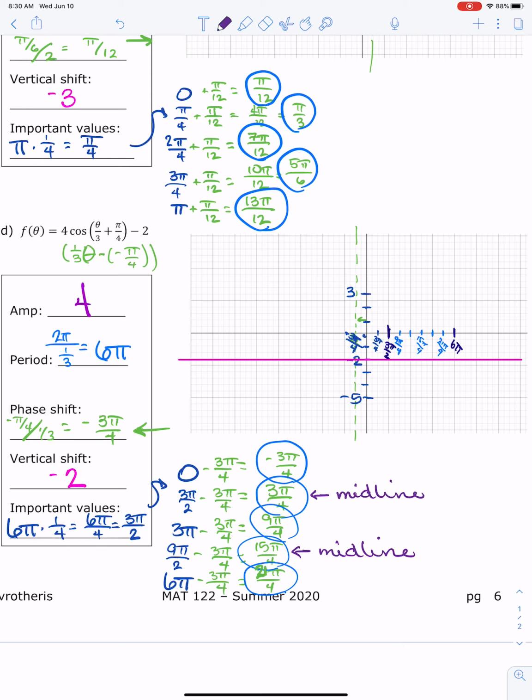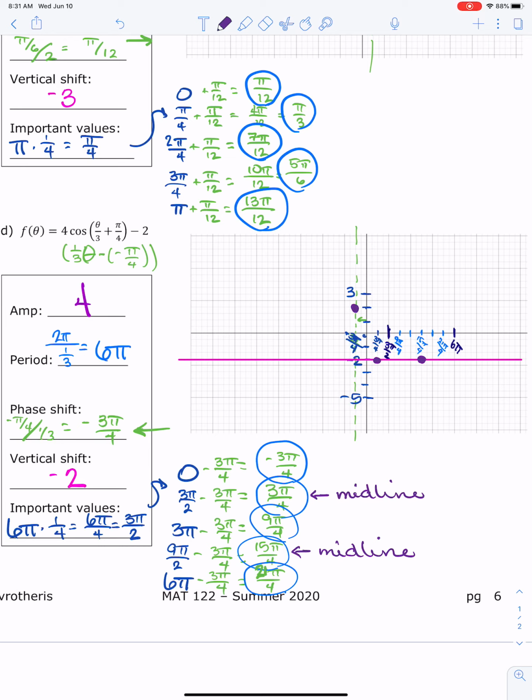So at 3 pi over 4 and 15 pi over 4, I'm right here on the midline. At negative 3 pi over 4, which is the start of the period, I am above. It would be 1 above the midline, but our amplitude's 4, so we need to go 4 above the midline. So 4 above negative 2 is positive 2.